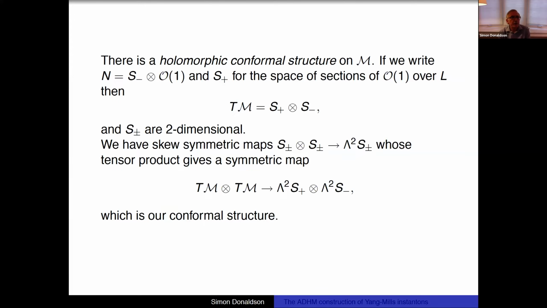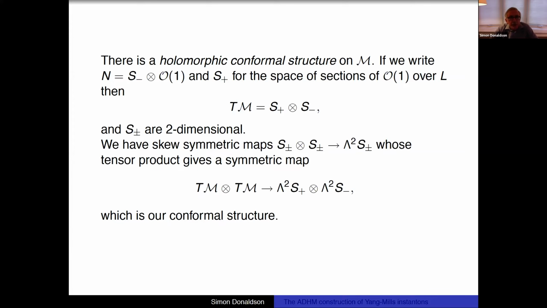If we write slightly more invariantly, N is S minus tensor O(1), so S minus is a two-dimensional vector space, then the space of sections is the tensor product of S minus with the sections of O(1). So let's write S plus for the sections of O(1). So the tangent bundle is a tensor product, S plus tensor S minus, of a pair of two-dimensional vector spaces.